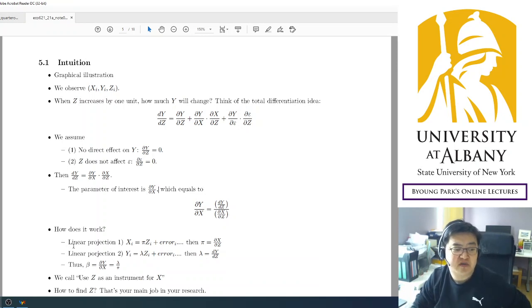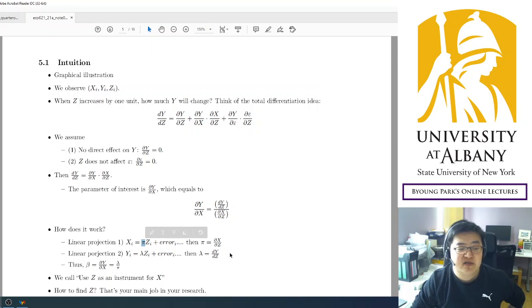Simply, you linearly project X onto Z so that the slope captures how much X increases when Z increases. And similarly, you linearly project Y onto Z, so it also gives you how much Y increases when Z increases.